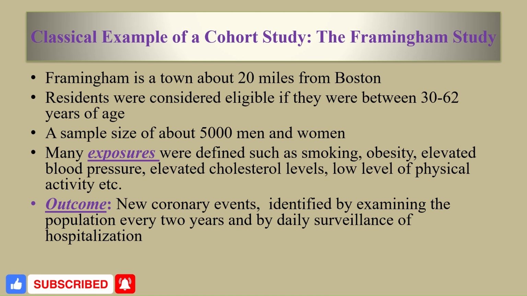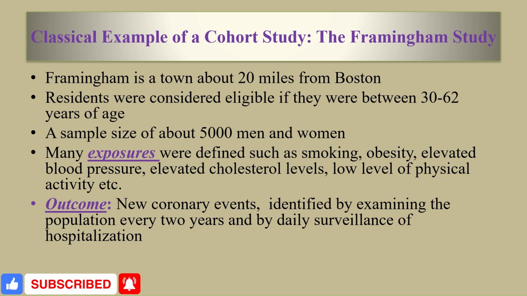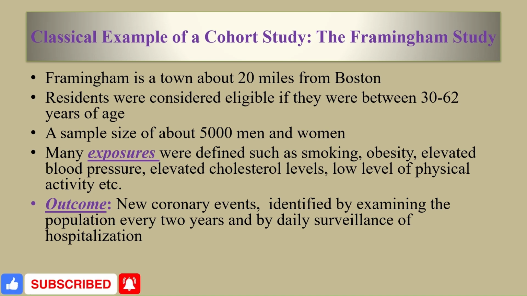Classical example of a cohort study: the Framingham study. Framingham is a town about 20 miles from Boston. Residents were considered eligible if they were between 30 and 62 years of age. A sample size of about 5,000 men and women.